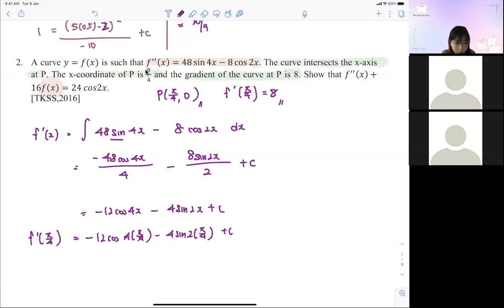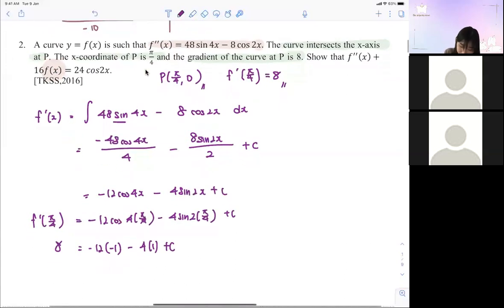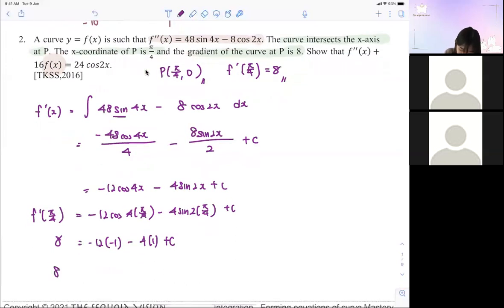You can put cosine pi in the calculator. Cosine pi is -1. Then you can put sine pi over 2. You get 1. And this whole thing equals 8. So C is equal to 0. Can you see? C is 0.